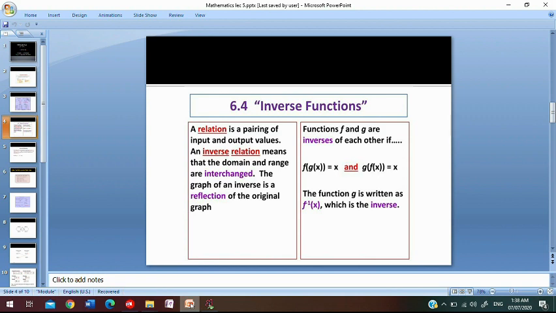This means if both become equal, both have the same values, then we can say that the function g is written as f inverse of x. These two functions become inverses of each other when both have the same values.